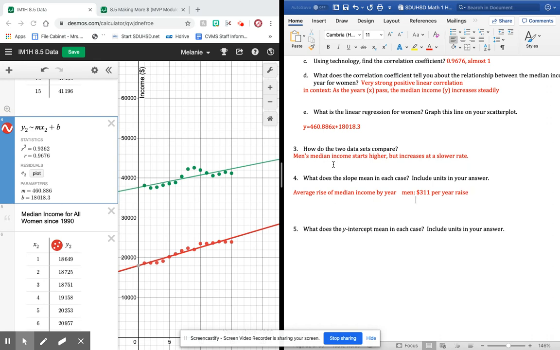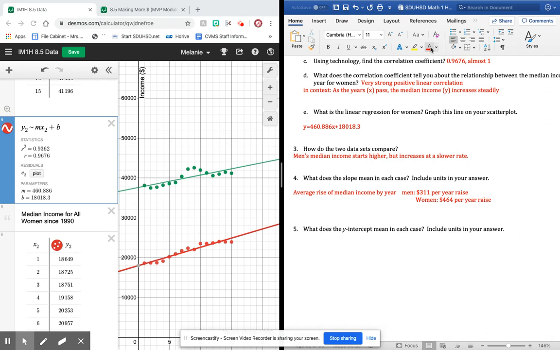And for the women, you can see that they have a $464 raise per year. So you can see that the women's, just like in number 3, we said the women's rates increase higher and faster.